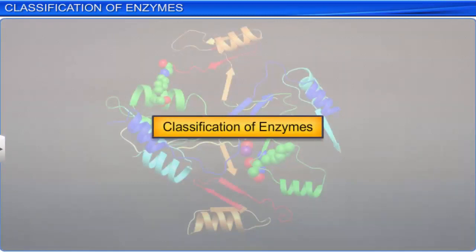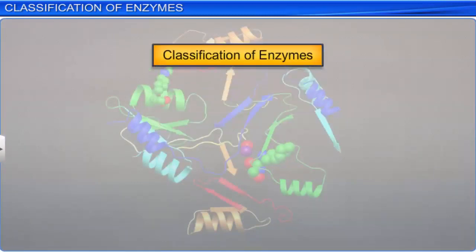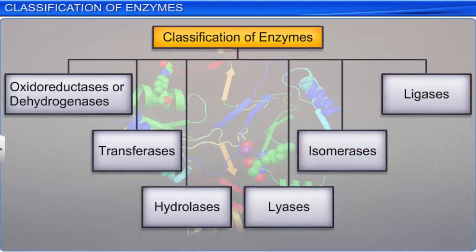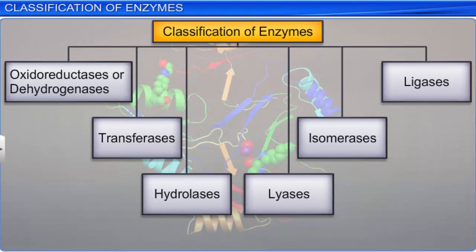Depending on the types of reactions they catalyze, enzymes have been divided into 6 classes, namely oxidoreductases or dehydrogenases, transferases, hydrolases, lyases, isomerases, and ligases. Each of these classes is further divided into 4 to 13 subclasses, named by a 4-digit number or EC number.